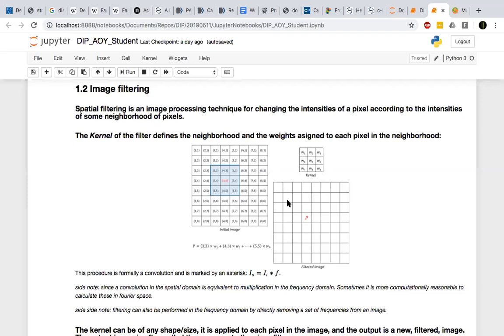Now in each position here, I'm going to take this kernel and just slap it on my image and multiply position by position. So I'm going to say W1 times this pixel, W2 times this pixel, and so on and so forth.